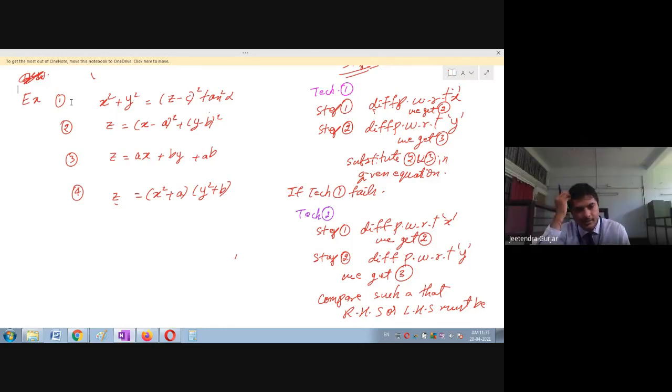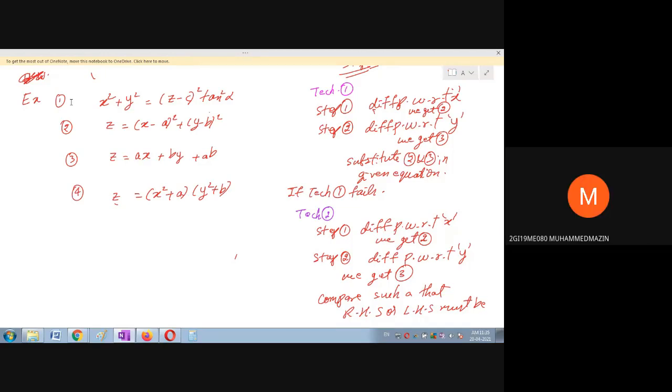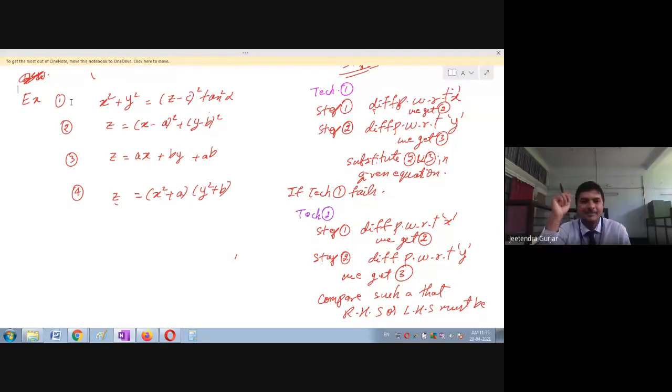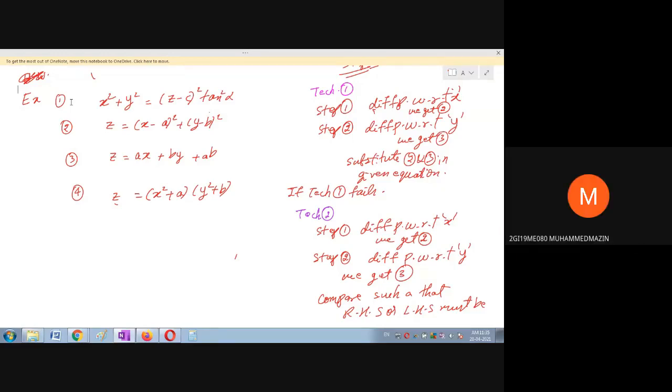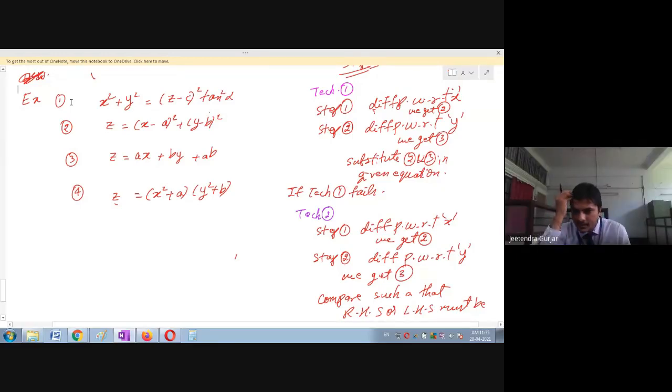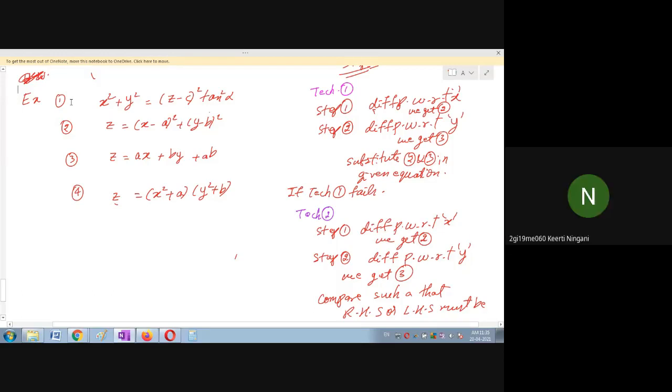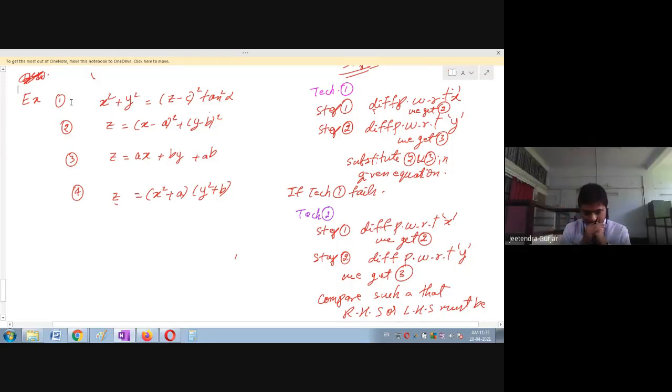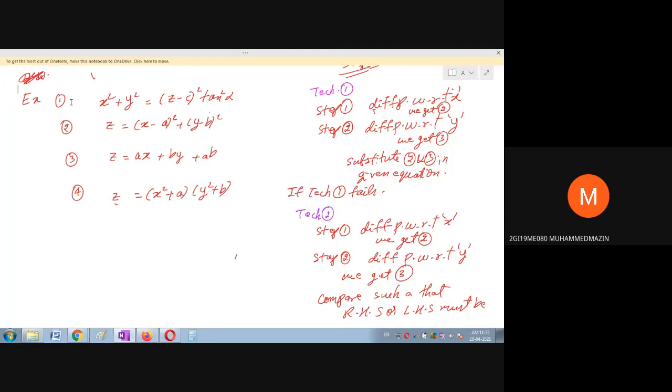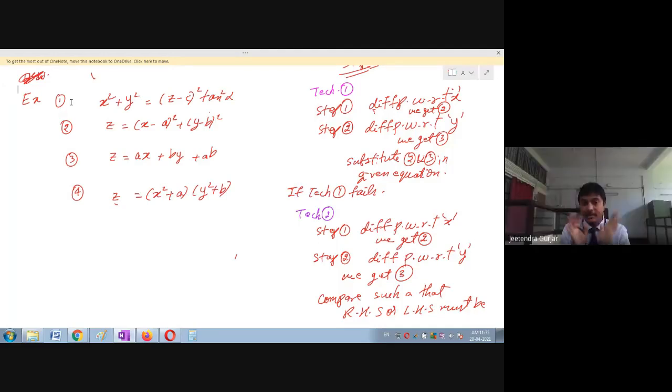And Z? Dependent variable. Okay, what is C? Constant. And any other term is there? Alpha. What is alpha? Constant is the correct answer. This is what you have to remember, beta.